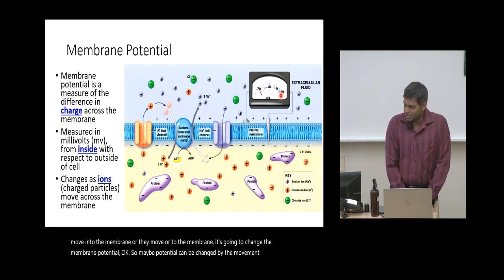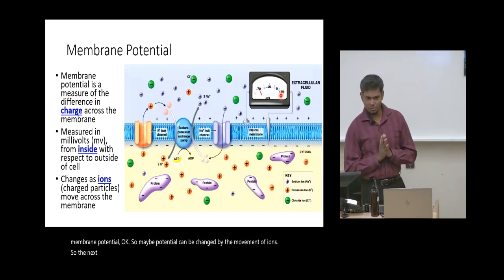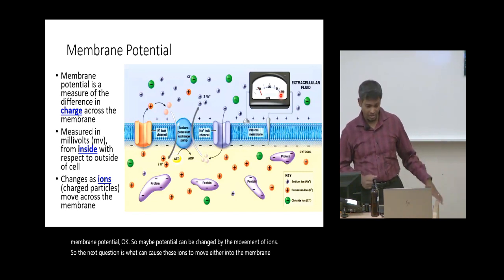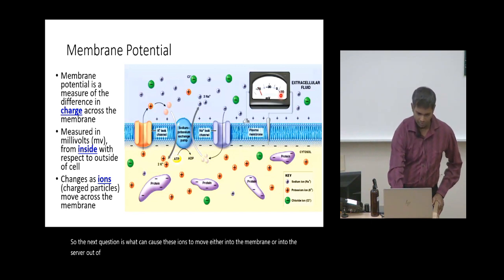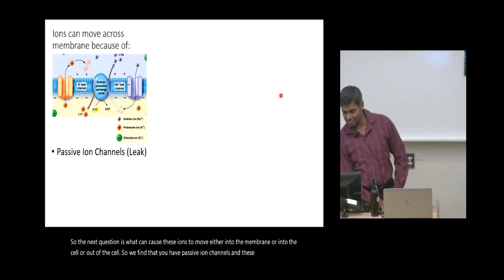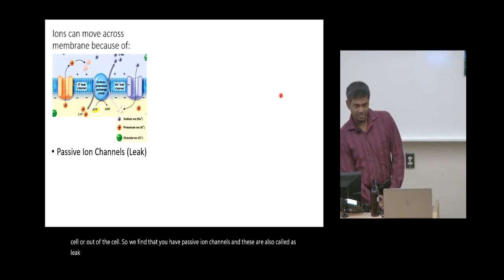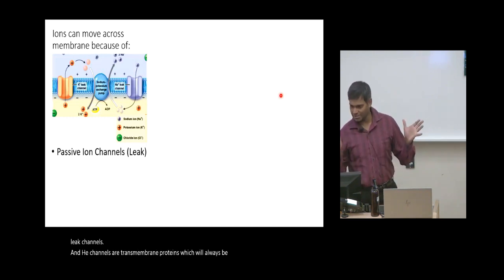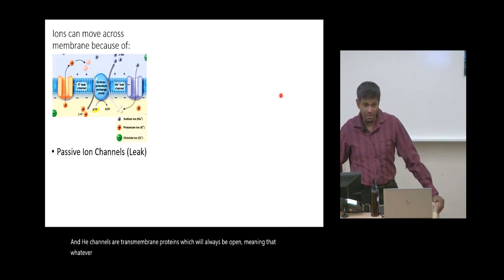The next question is, what can cause these ions to move into or out of the cell? We have passive ion channels, also called leak channels. Leak channels are transmembrane proteins which are always open, meaning that whatever happens, those channels permit their respective ions to move in and out.